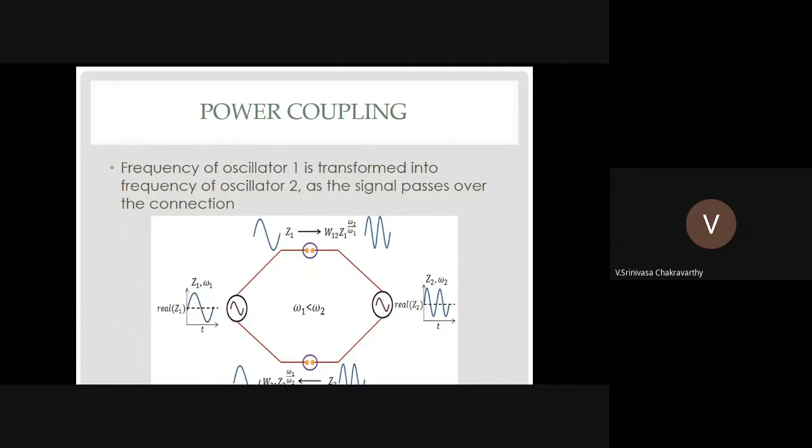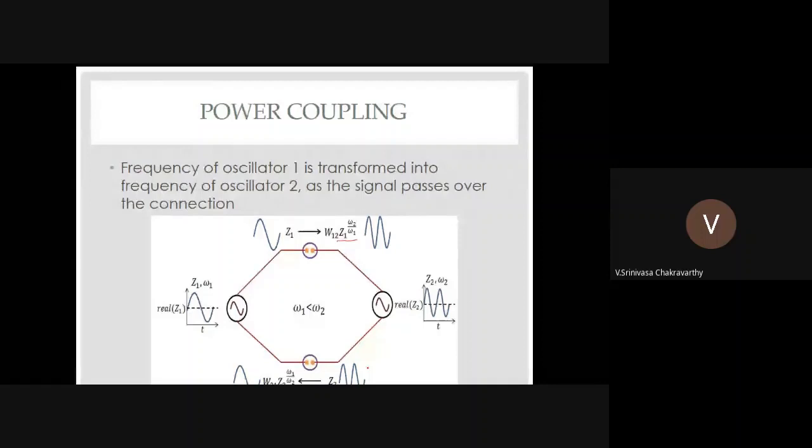So we use this strange power term, Z1 raised to a power, in the dynamics of the second oscillator. We'll see the equations in a moment. Because of this power term, the frequency of Z1, omega 1, gets transformed to omega 2, and that's what is transmitted to the second oscillator.